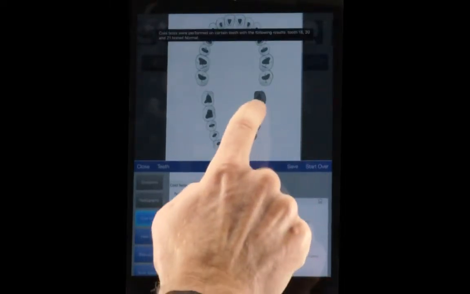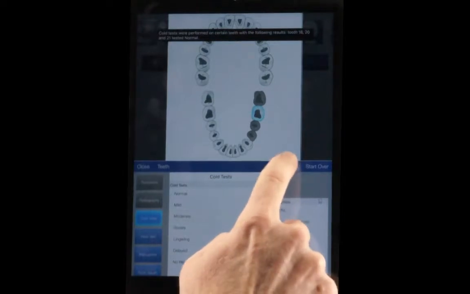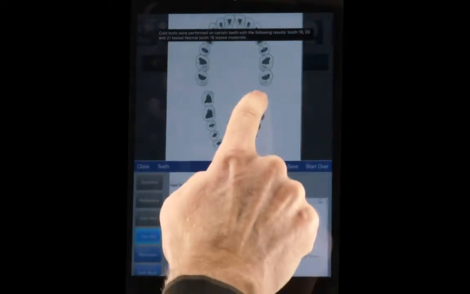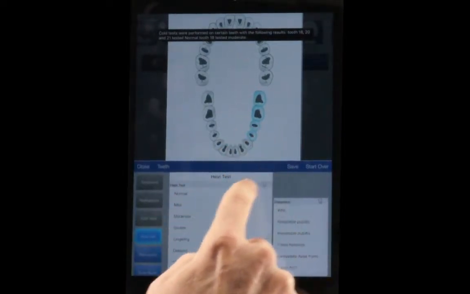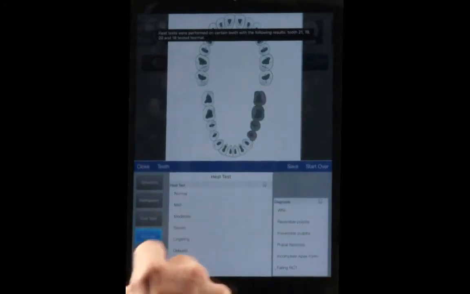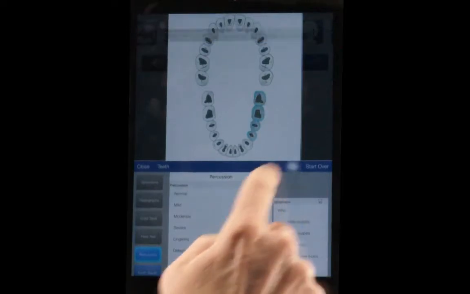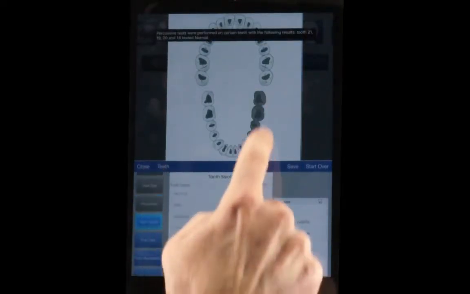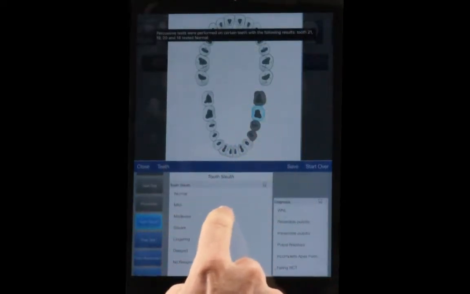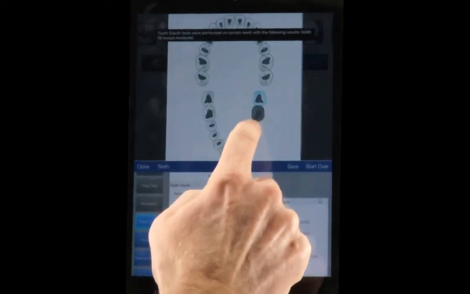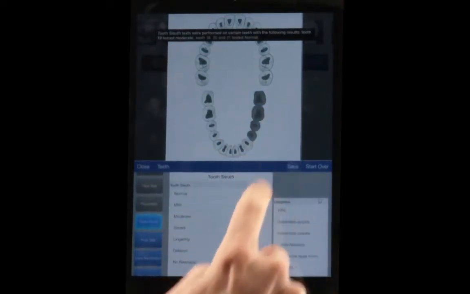Tested normal, and 19 was moderate. Heat tests, all in the quadrant, tested normal. Percussion, all tested normal. And to tooth sleuth, 19 tested moderate. The other 3 tested normal.